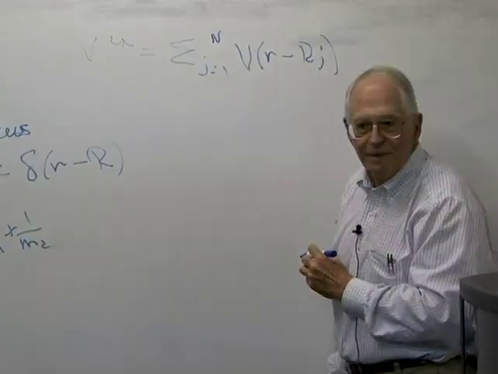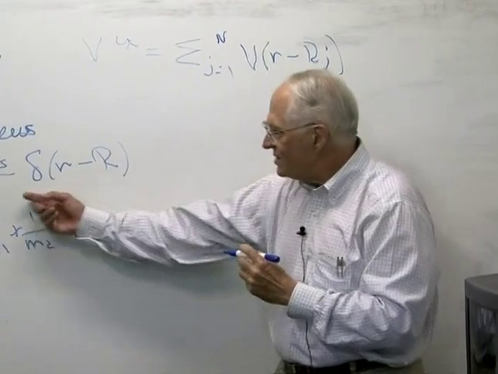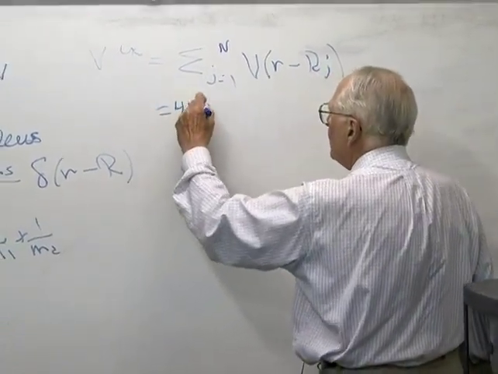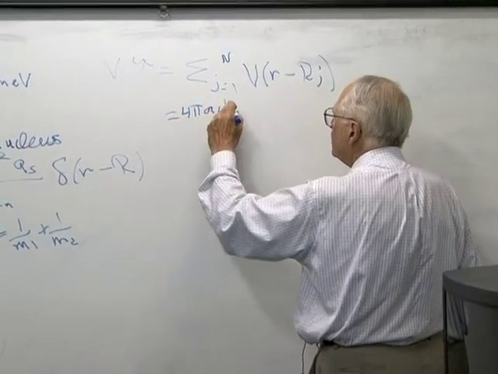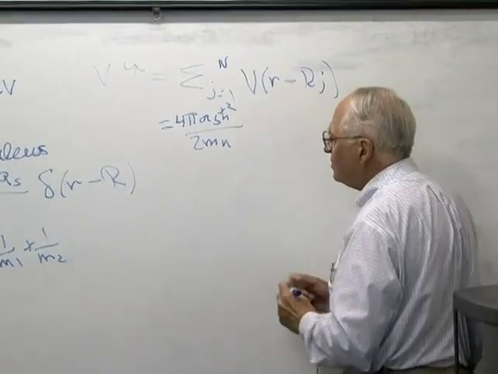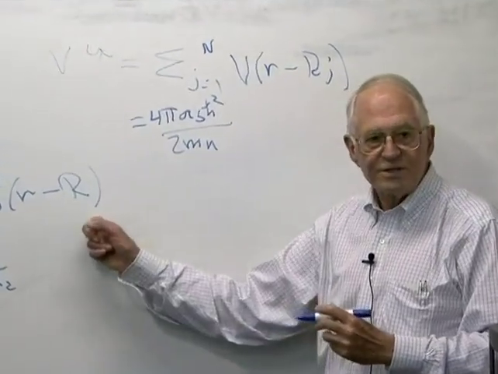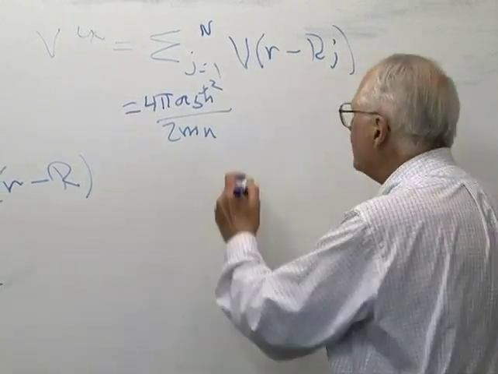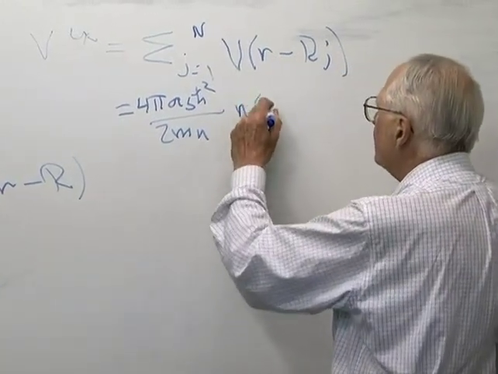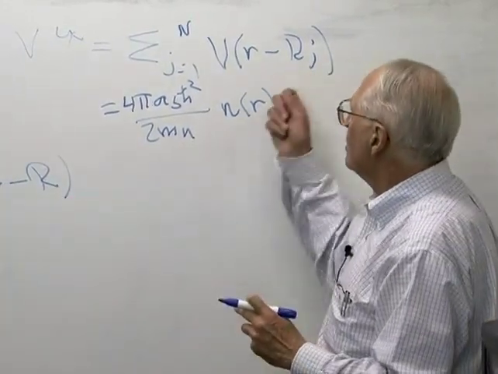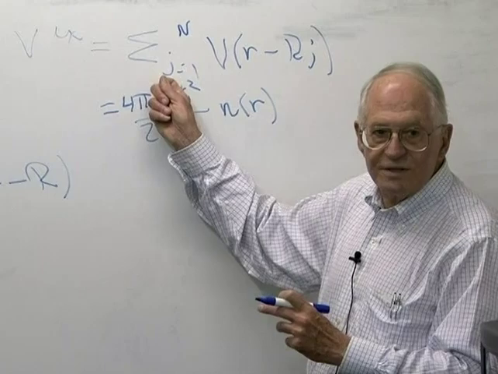Okay? And the only j dependence is here. So this is just 4 pi a_s h bar squared over twice the mass of the neutron, and you get the sum of delta functions. And the sum of delta functions is exactly what we call the number density. So this couples to n of r, where n of r is just the sum of these delta functions over all the different atoms in the system.